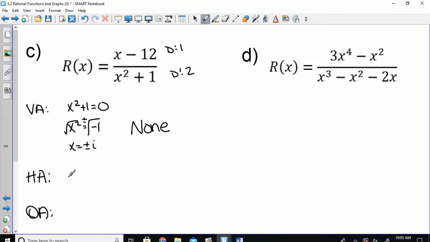So this is like a horizontal, and I told you if the degree on top is smaller, it's an automatic 0. Another way to think about this, I didn't have an x squared on here, did I? So that means it's like 0x squared. So if you divide the leading coefficients, 0 divided by 1 is 0. And then we know that if there's horizontal, there is no oblique.